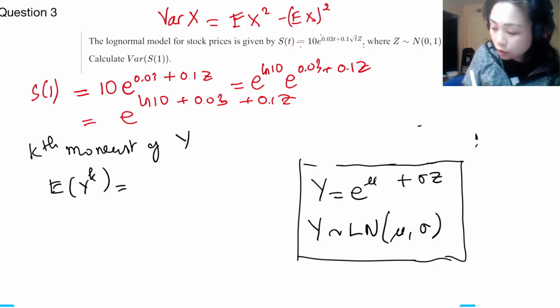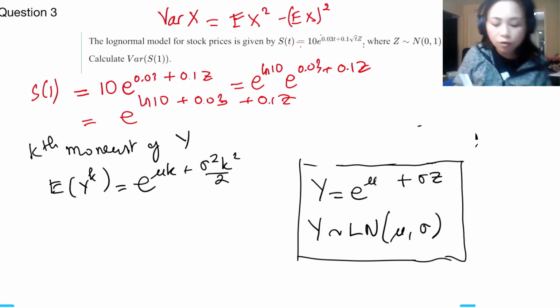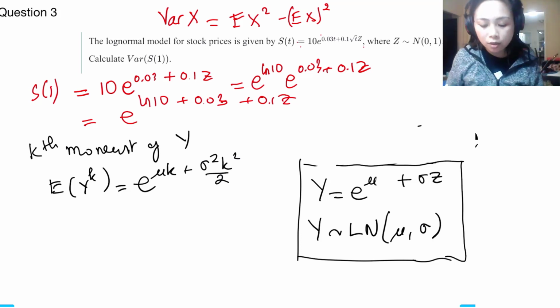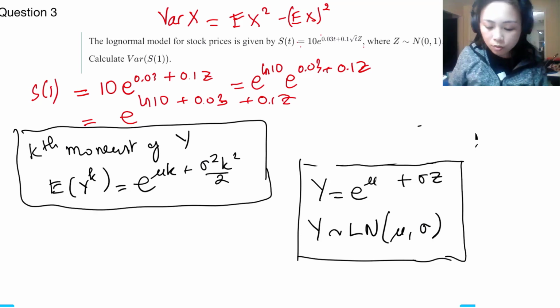So now we are going to use this k moment formula to find E of S1 and E of S1 squared, because we need that to find variance, right? So let me write that formula down here so we have more space for it.